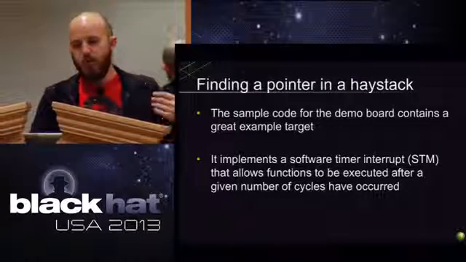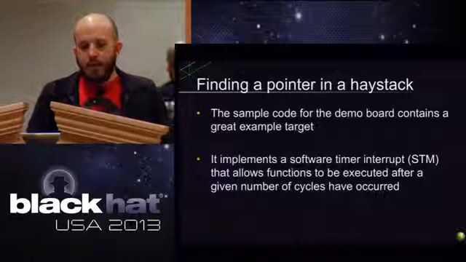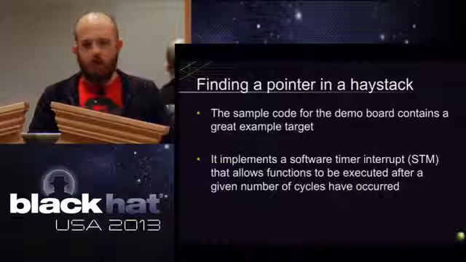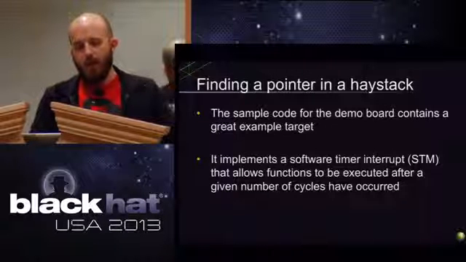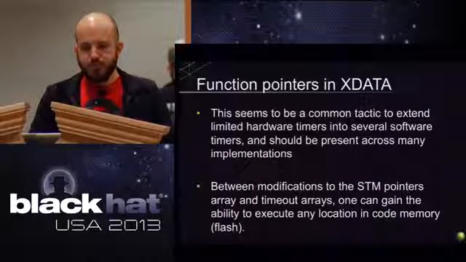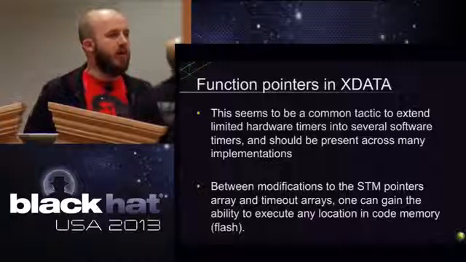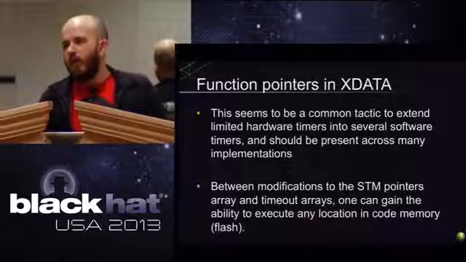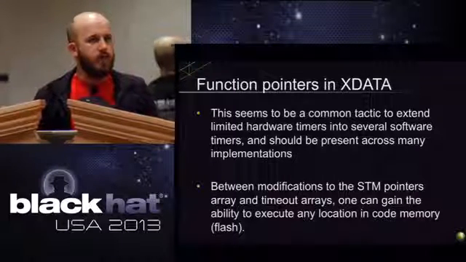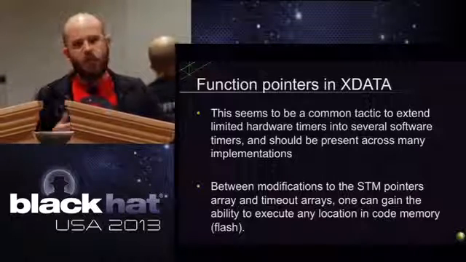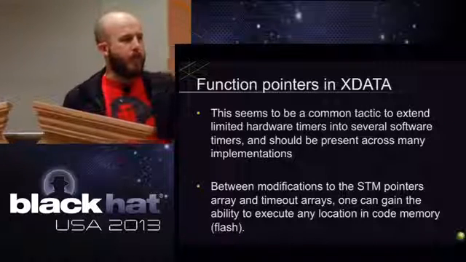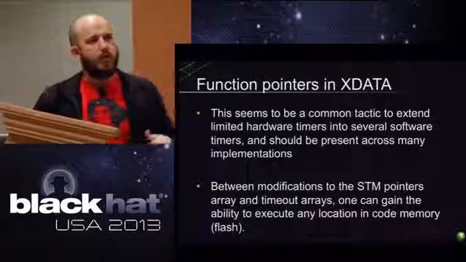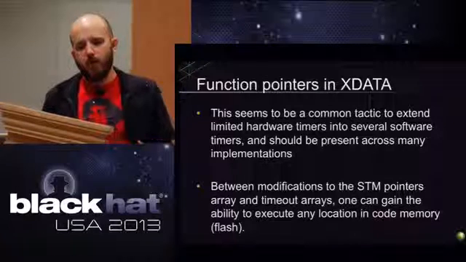One of those is something called software timer interrupts. It grants the ability for functions to be called after a certain number of cycles have occurred. Why it's there is because hardware timer interrupts are relatively expensive, since you don't have a lot of them. On this one, I think you've got maybe 4 hardware timer interrupts. You basically say, I want you to invoke this function after this many cycles have run, or I want you to do this particular callback whenever this interrupt fires.